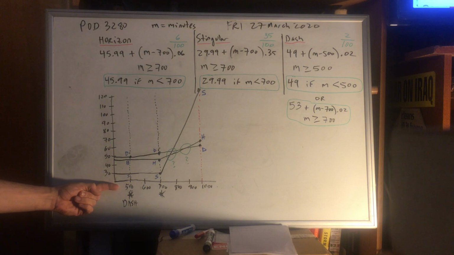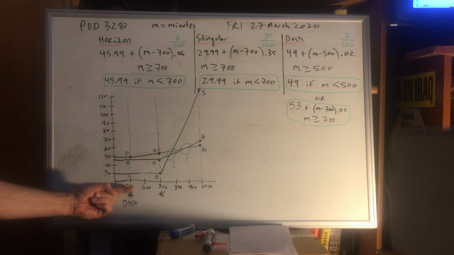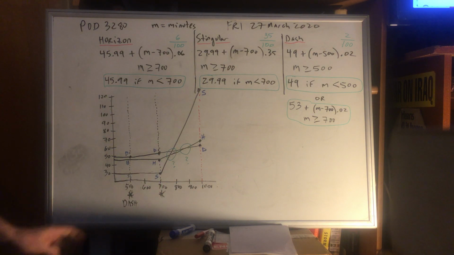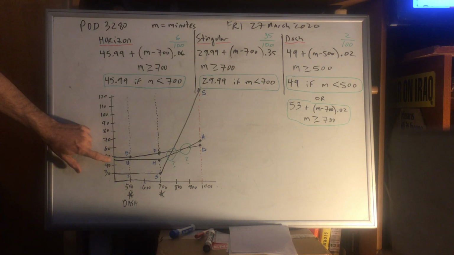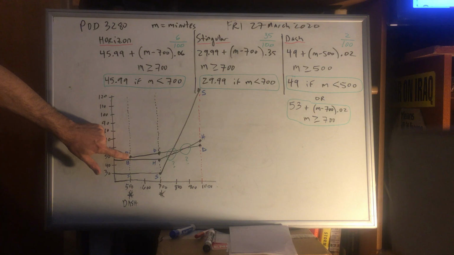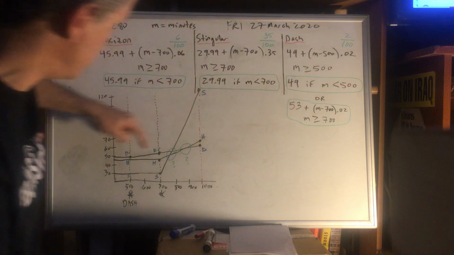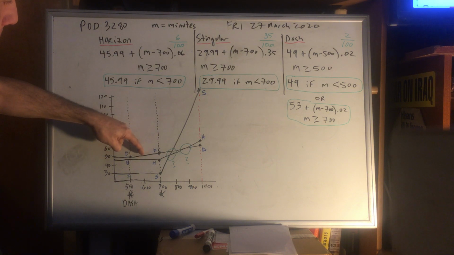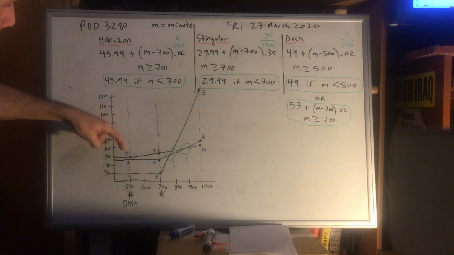So here's a graph, here's the minutes, and this would be, I guess, 400, but 500, 600, 700, 800, 900, 1,000. So before 500 minutes, Dash, you're paying 49. So this should be a horizontal line. And then after 500 minutes, you start paying 2 per 100, so you've got your slope of 0.02 per 1, or for every 100 it goes up 2.